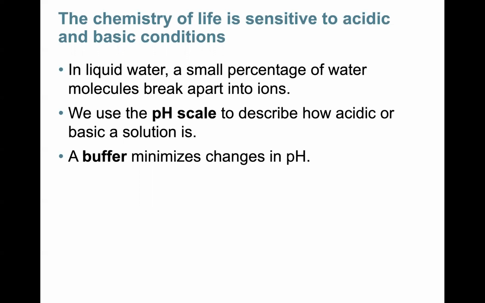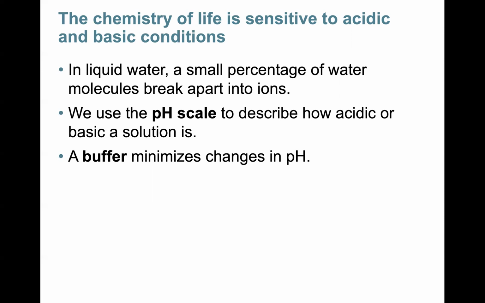Okay, this pH scale is something that you've probably seen before. We use buffers to minimize the changes in the pH of a solution. Okay, so we have chemical reactions going on and we want to try to maintain the pH of that solution. We can use buffers to do that.